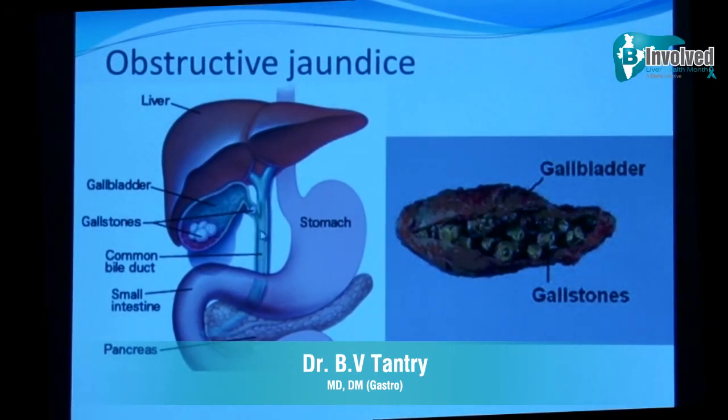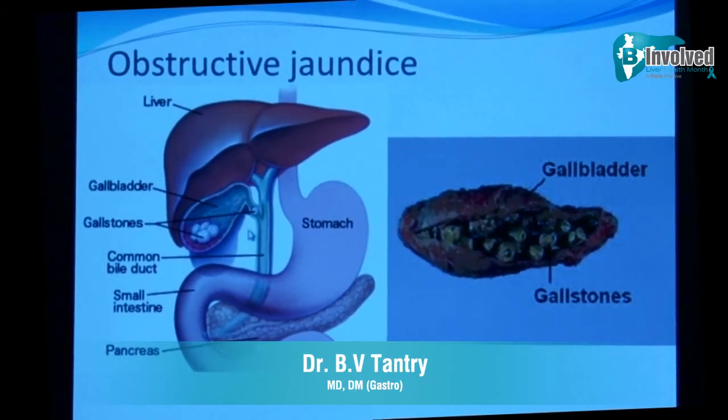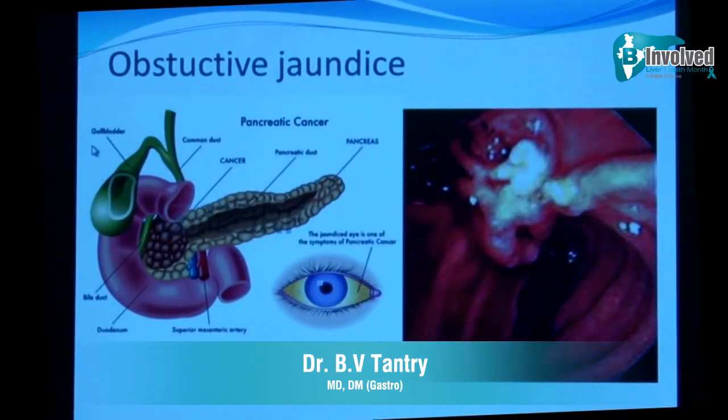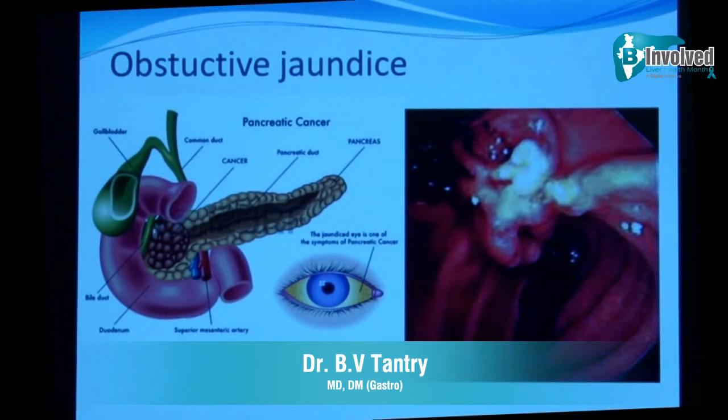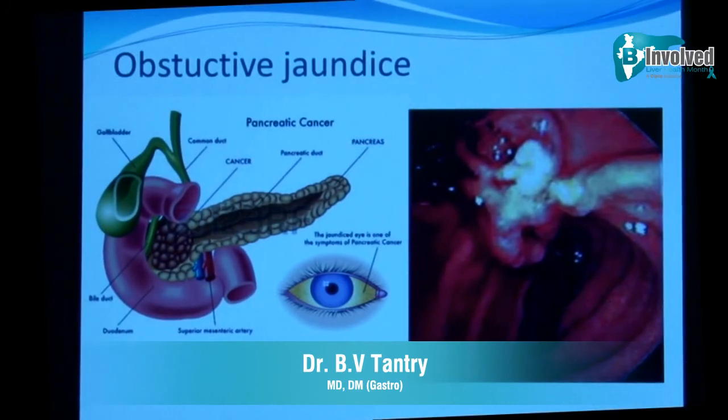So if there is any block in this bile duct, it can lead to obstructive jaundice. This block can occur from a stone which may slip out from the gallbladder and block the bile duct, or else it can happen if there is a tumor in this area which is blocking the bile duct. So this type of jaundice is known as obstructive jaundice.